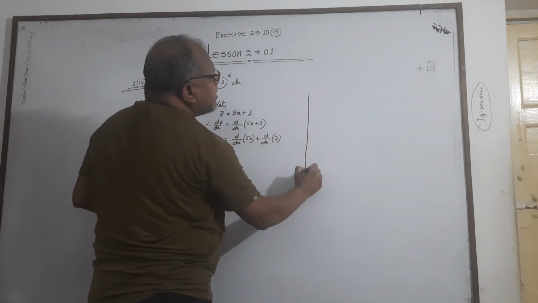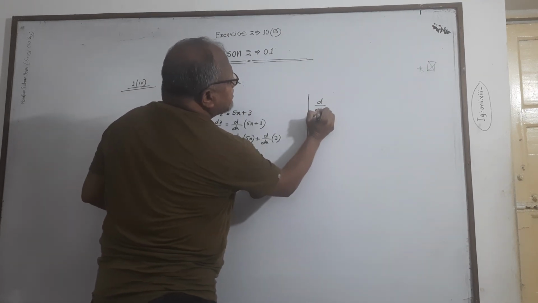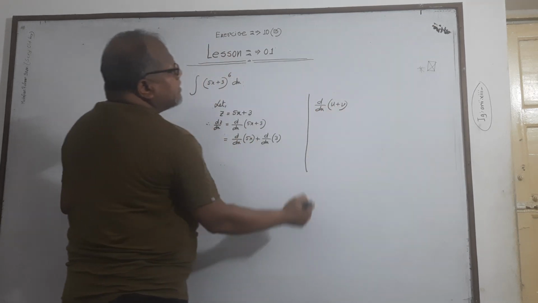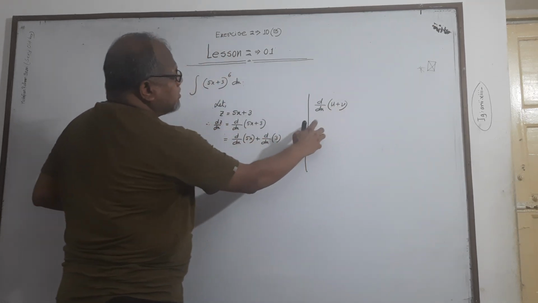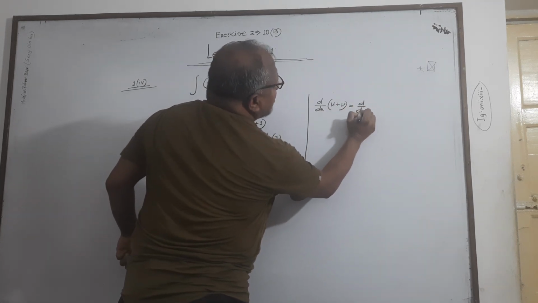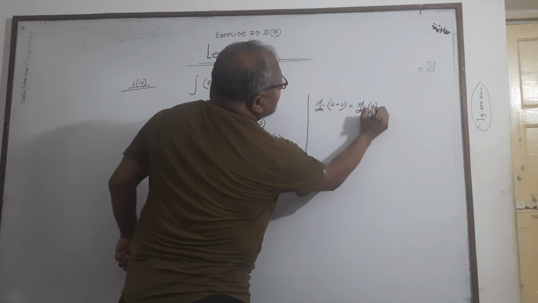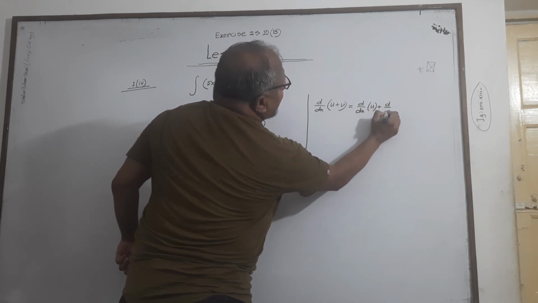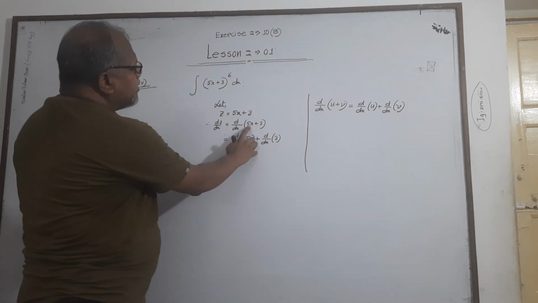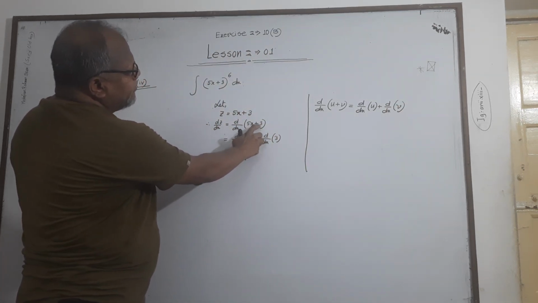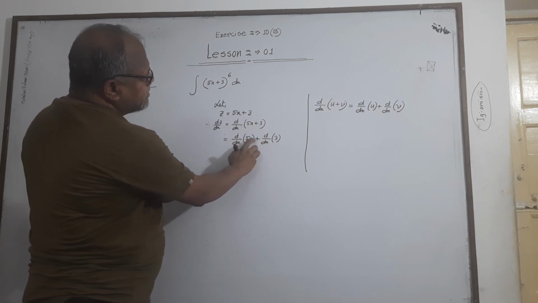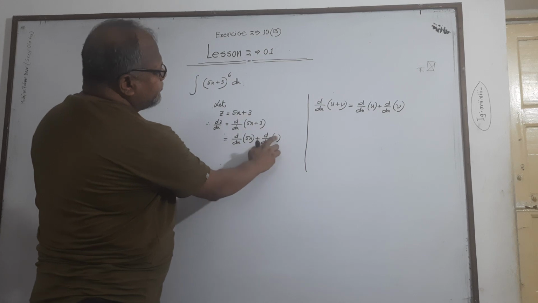Here the formula is d dx of u plus v, where u is a function and v is another function. So I can write d dx of u plus d dx of v. So here this is u and this is v. So I can write d dx of u, that is 5x, plus d dx of v, that is 3.